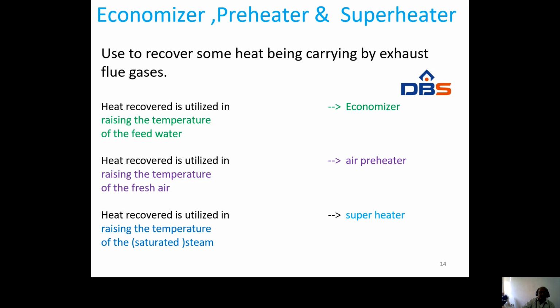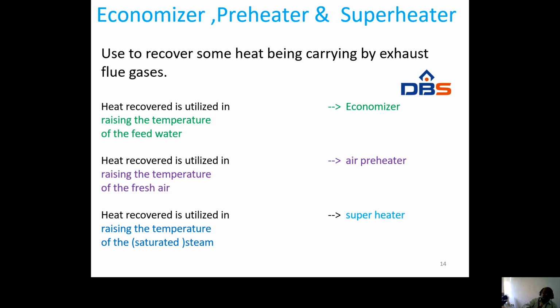Not only that, there is another one, the air preheater. The same exhaust gases we use to increase the temperature of the fresh air. That is called the air preheater. And not only the feed water and air, using exhaust gases we can again increase the temperature of the saturated steam.